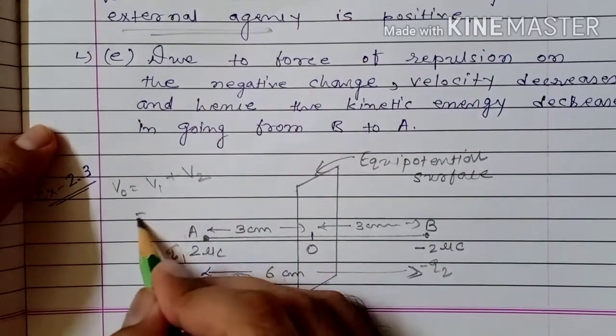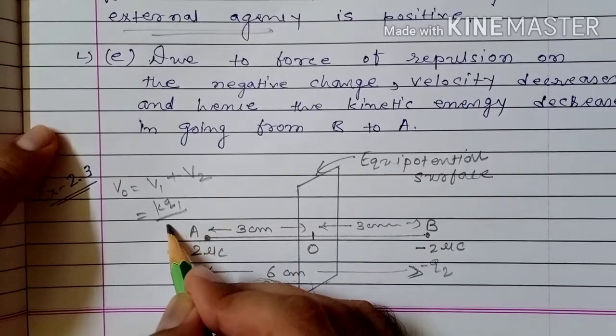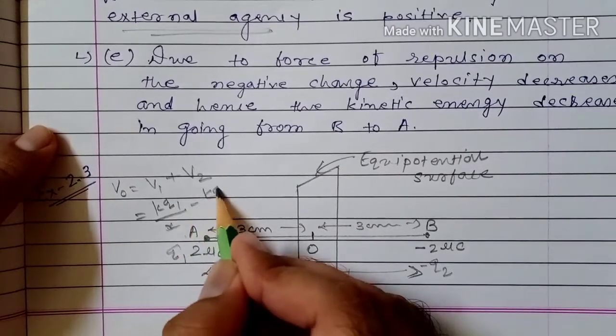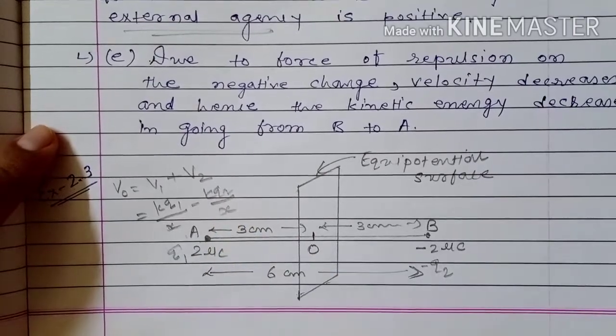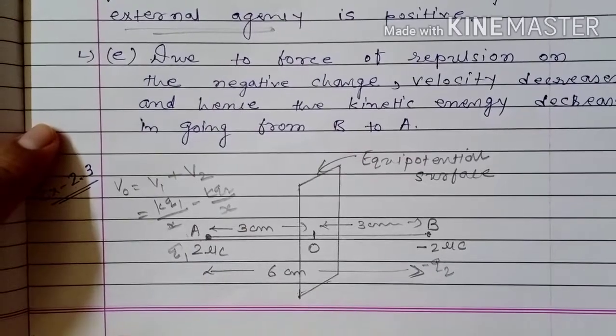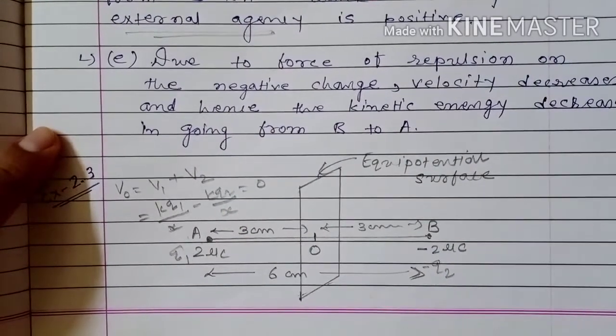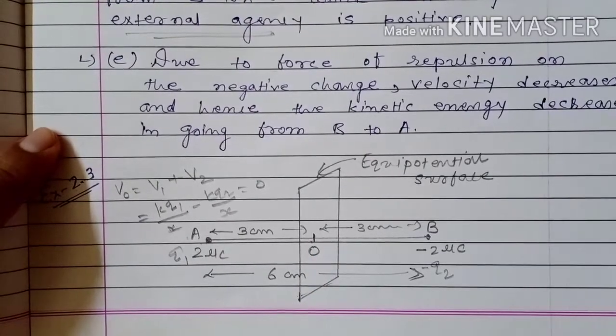That can be written as KQ1 upon X minus KQ2 upon X, because here Q1 and Q2 both are having same value, therefore this will be 0. So we can say potential at point O will be 0.